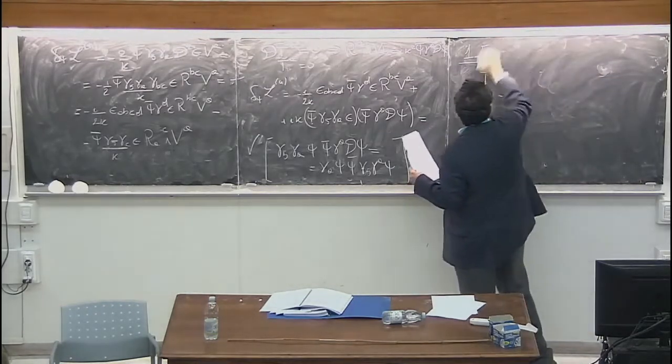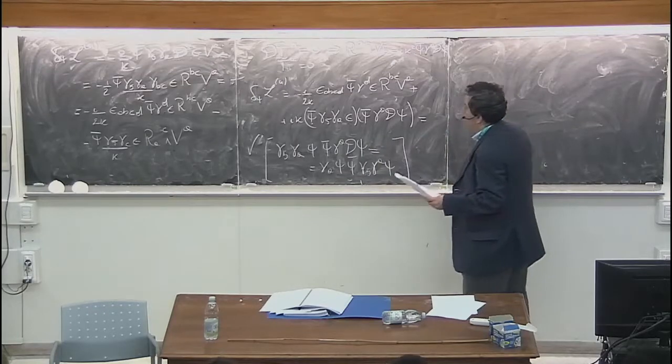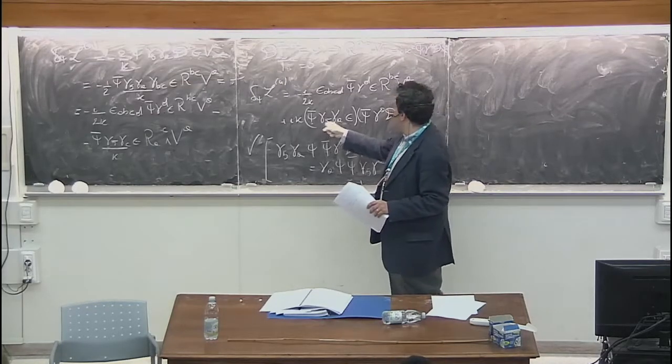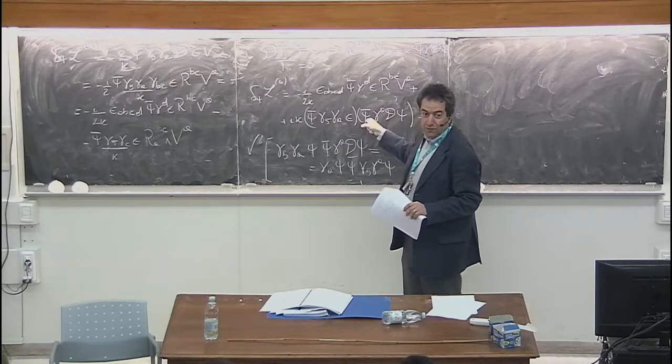Now let's use this property, and this allows us to take gamma 5 here, which is what we want.